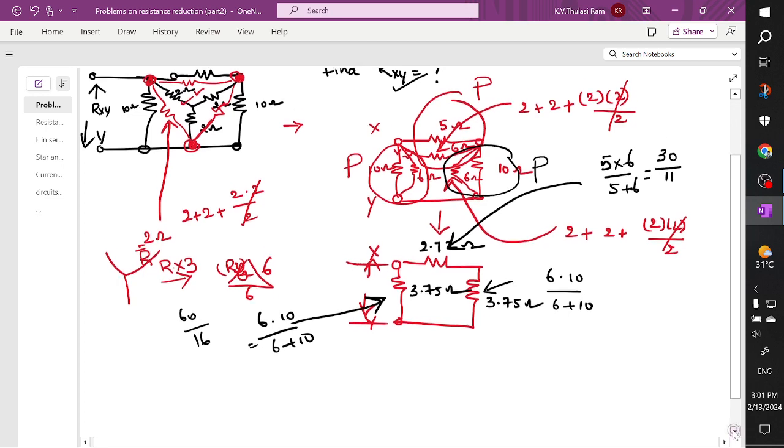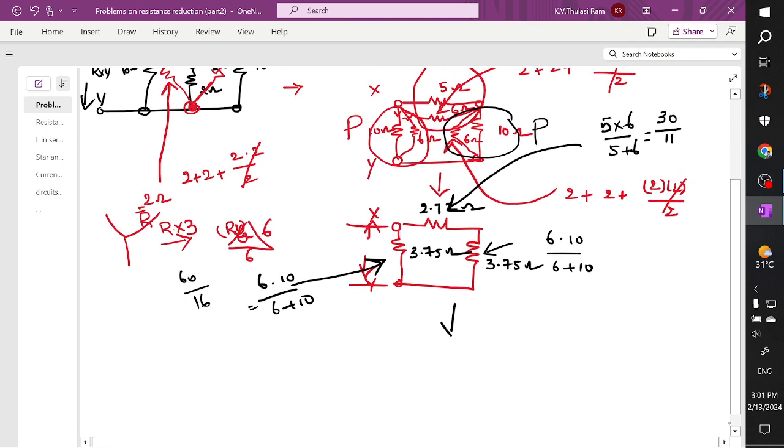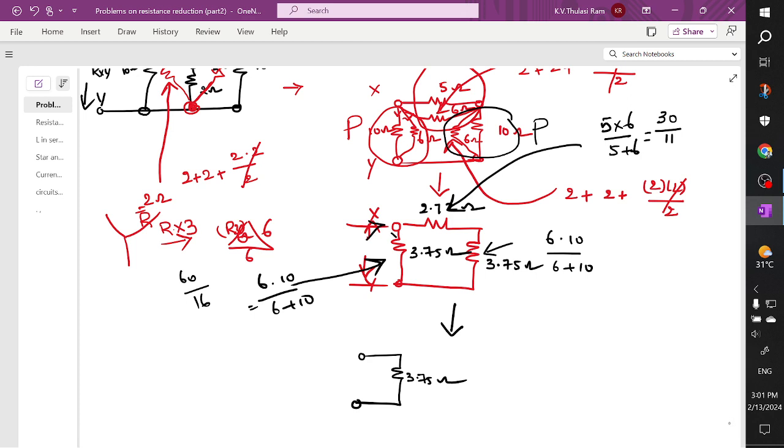Going deeper, the next step we are going to involve is this one resistor, which is nothing but 3.75 ohms. Here you can see the current is entering and the current is dividing. So the same current flows across 2.7 ohm and the same current flows across 3.75.